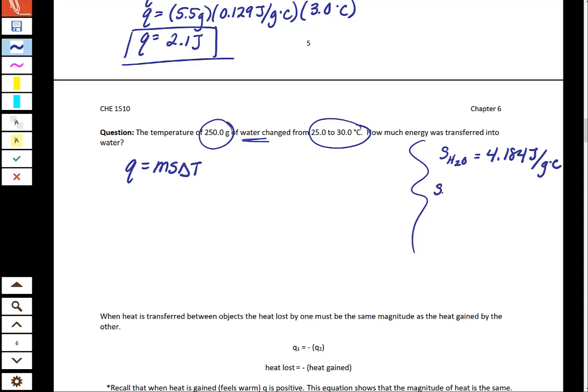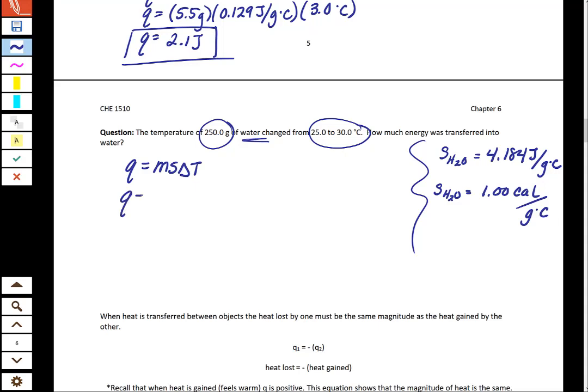If we look this up in different units, you'll also see that it's 1 calorie per gram degrees Celsius. Calorie is just another heat unit. It's similar to the calories that you see on the boxes of food, but these calories are actually smaller. The calories on boxes of food are technically kilocalories.